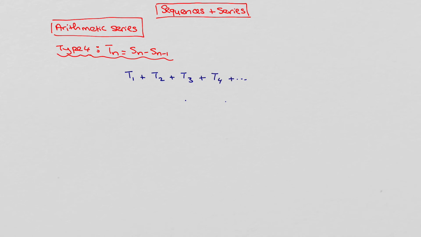and so on. So if I was to look at S1, what that means is the sum of the first term. So it would just be T1, which is A. If I look at S2, well, S2 means the sum of the first two terms. So term 1 plus term 2.